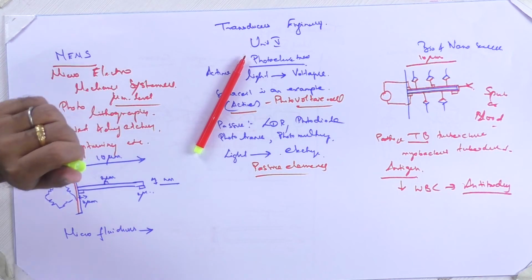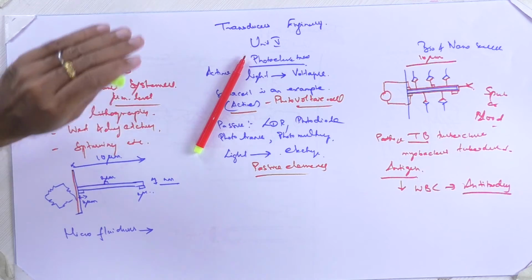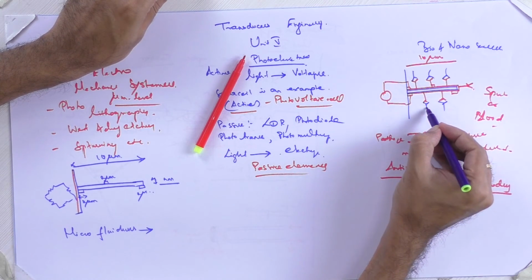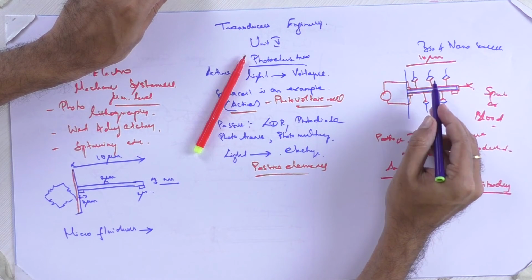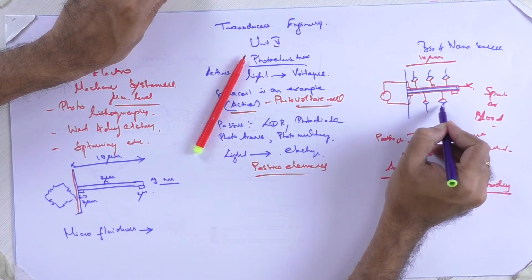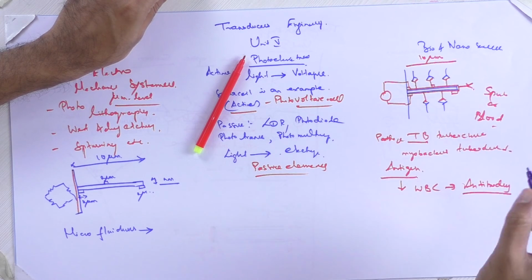Okay, these are all at the molecular level. This is a molecule, this antibody is a molecule and the antigen is also a molecule. This comes and attaches with the antibody because it gets attracted.